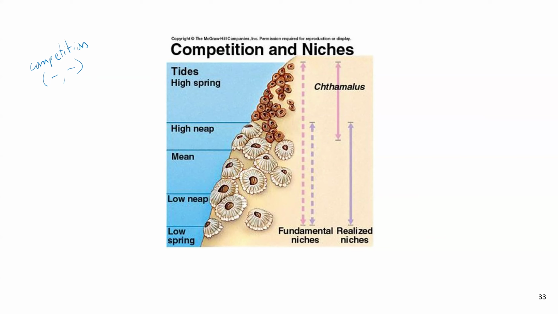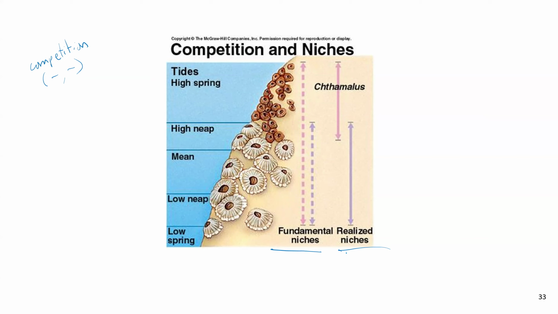A fundamental niche is an area where a species could occupy, and a realized niche is an area where a species actually occupies. And they did an experiment with Thalamus barnacles versus, what are these other guys called? Balanus barnacles.